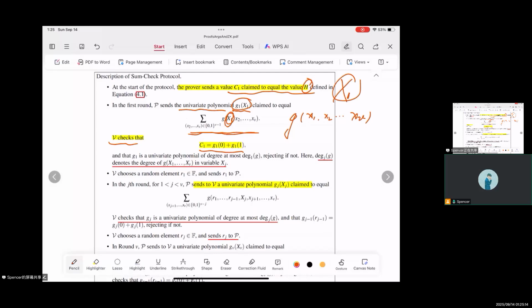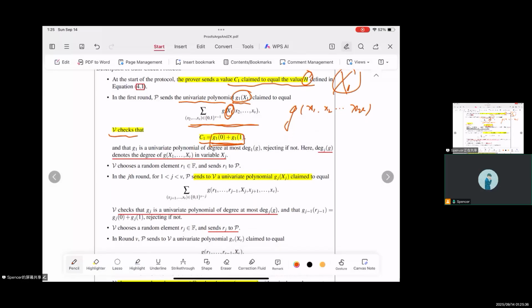But its input is limited to 0 and 1. For this univariate polynomial, these are all the outputs it can obtain through the inputs 0 and 1. So the verifier just checks all the outputs.